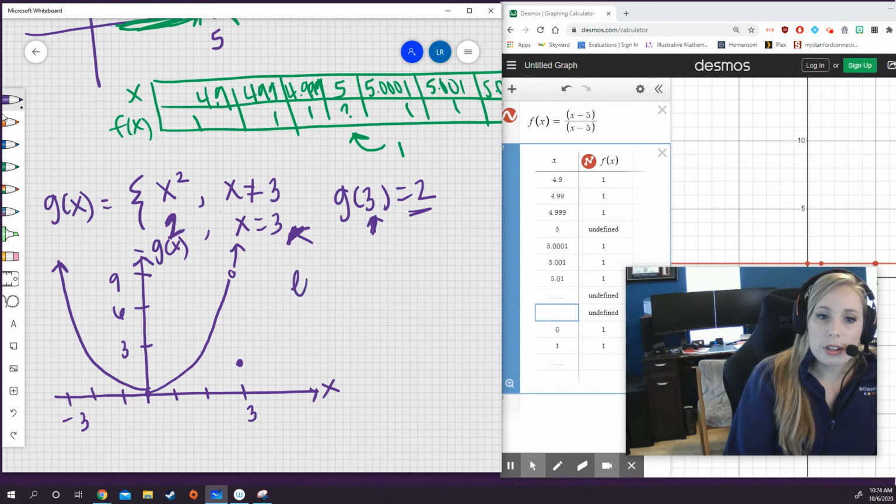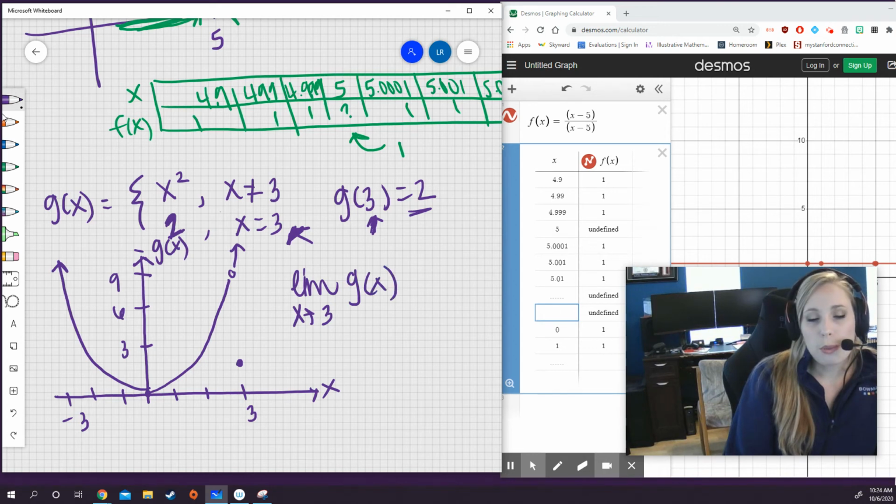But what about the limit as x approaches 3 of g of x? What is the limit as x approaches 3 of g of x? And so what that means is, what is the curve doing as we get closer and closer to 3 from either side?